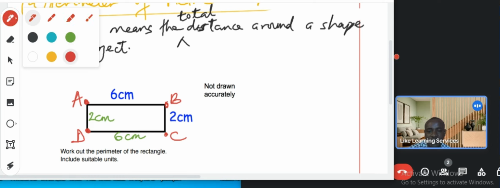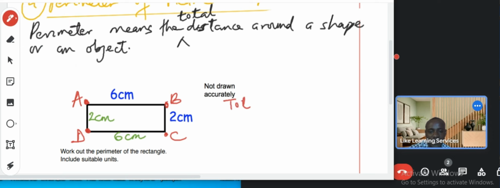Let's do it now. Total distance, which is perimeter, the total distance will be, you add up everything, isn't it?